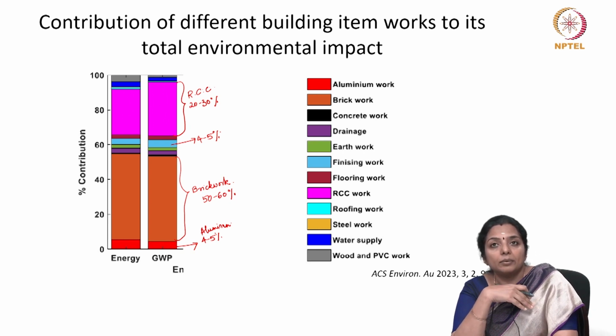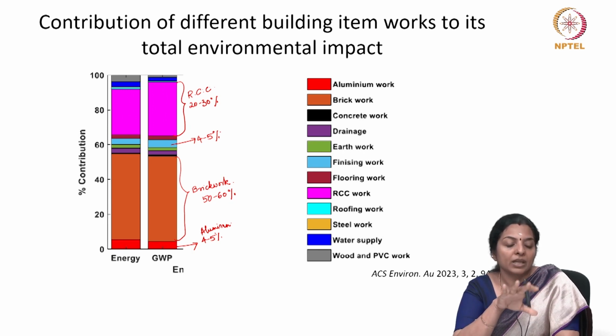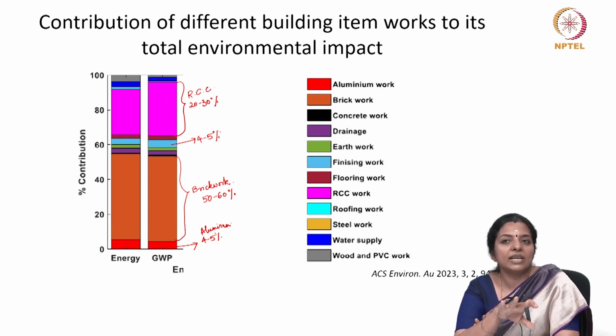The flooring, waterproofing, finishing, drainage and woodwork, they all put together contribute 2 to 5% of the total impact the building has on embodied energy as well as global warming potential. And all the remaining items of work contribute less than 2% of the total impact.